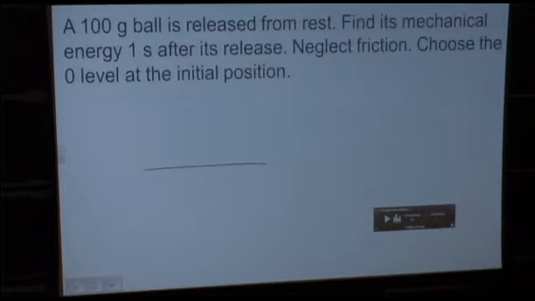If we didn't have information about the origin, we couldn't say a word about gravitational potential energy. First, we must choose the origin. So when the origin has been chosen for us, it's here, and the ball is released from rest.